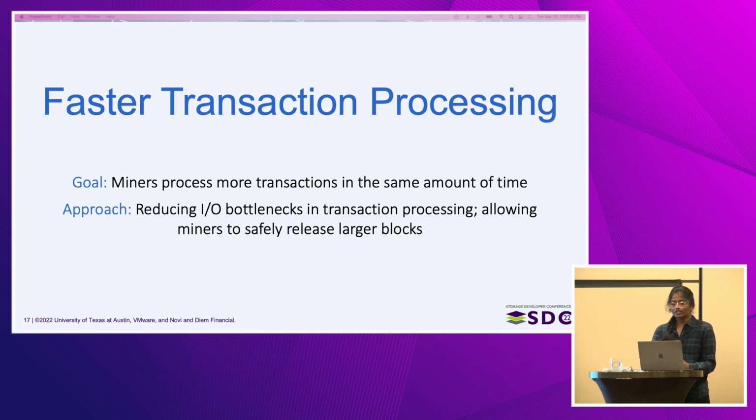However, we notice that it is the I/O bottlenecks that fundamentally limit the number of transactions a miner can execute, and therefore our approach is to reduce the I/O bottlenecks in transaction processing in the critical path and thereby allow high throughput public blockchains.